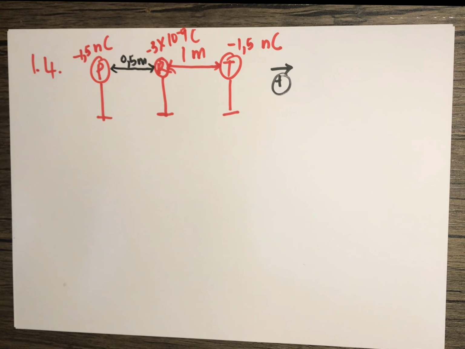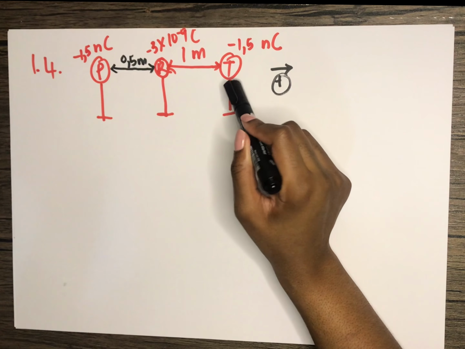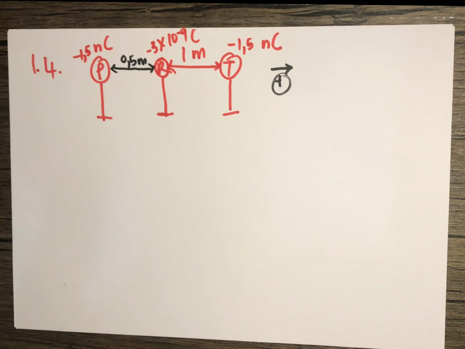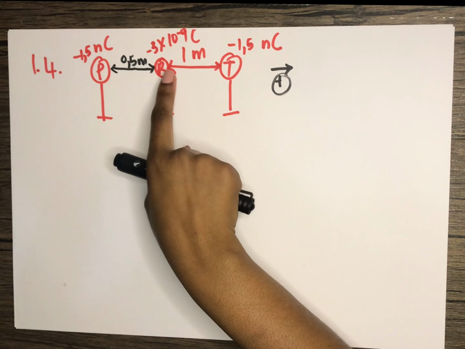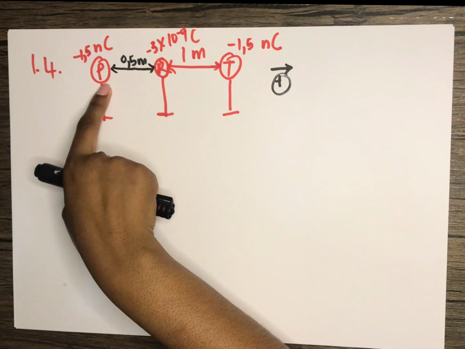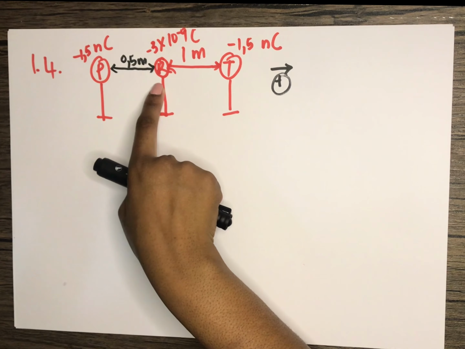So since R is negative and T is negative, it means R and T are going to repel each other, right? So if I'm drawing a free body diagram using the electrostatic forces, then I expect R to move towards the left due to the repulsive force between R and T, right?